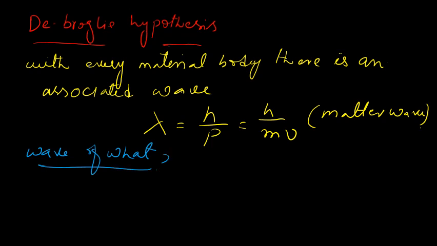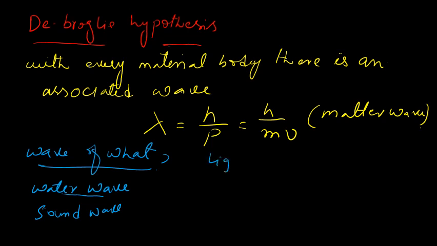As we know, in a water wave, the quantity that varies periodically is the height of the water from the surface. In a sound wave, it is the pressure that is the variable quantity.